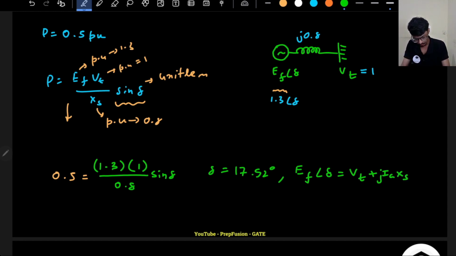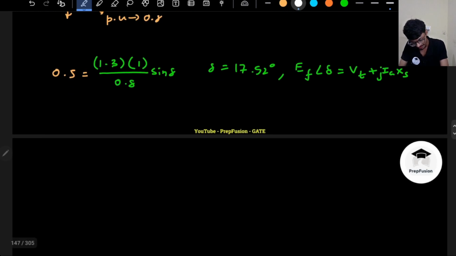From here I can easily find my IA. If I write everything in per unit, then IA also will come out in per unit.